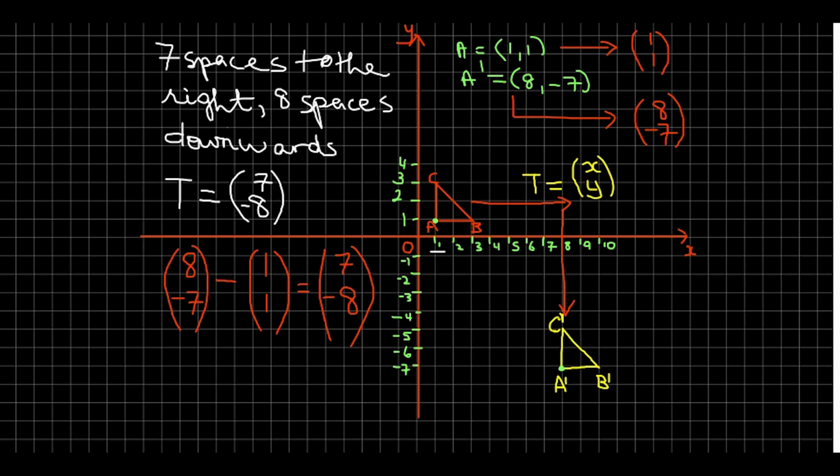And if you look at it, the translation from A to A prime, right? This blue line is terribly not straight as it is. You could construct a triangle from A to A prime.